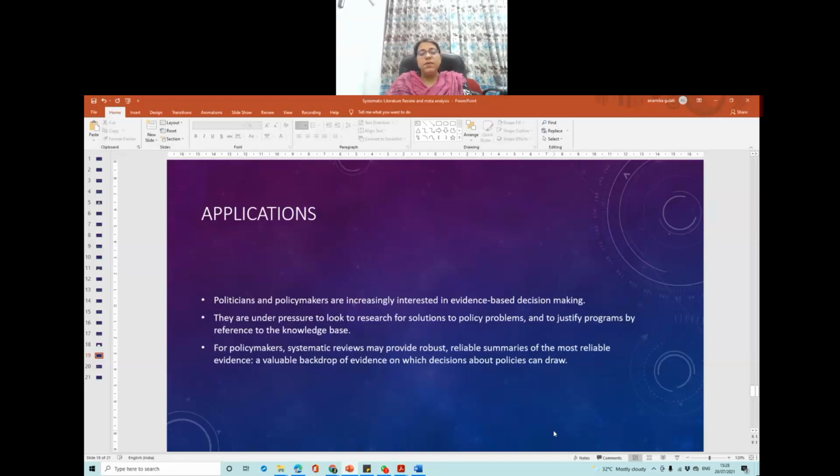Through conducting a systematic review, you can show that you are doing something new, distinct from things already done in a similar but not the same area. These are the things which can really help you in funding applications.